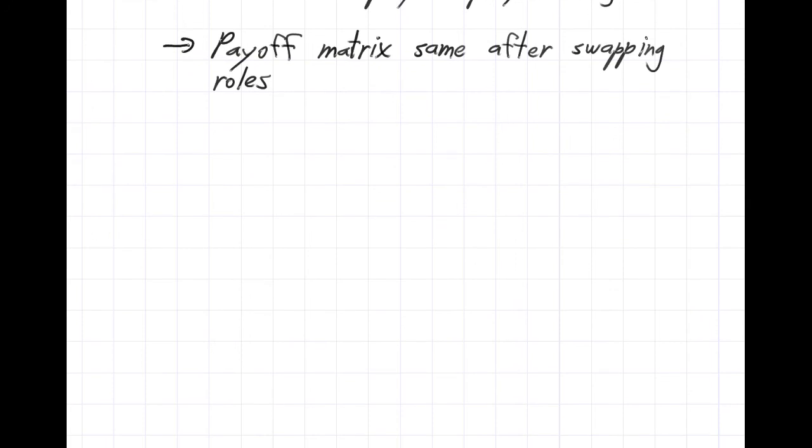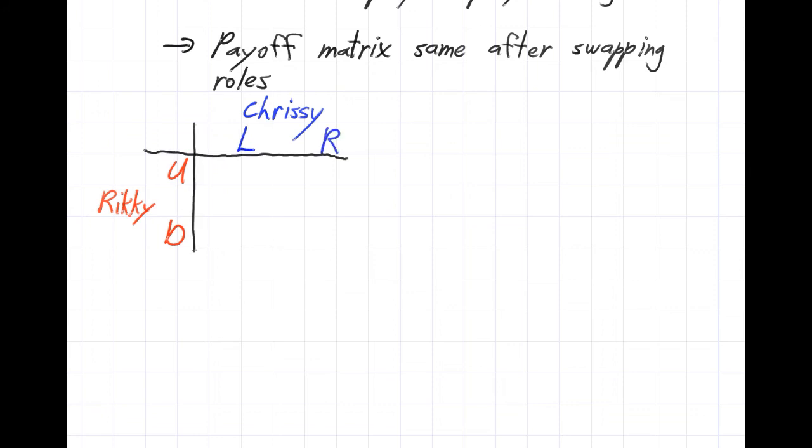Let's say we've got two players, Ricky and Chrissy. Ricky has two options. He can play U or D, and Chrissy can play L or R. Let's say the payoffs, very generally, are just variables for each of these players.